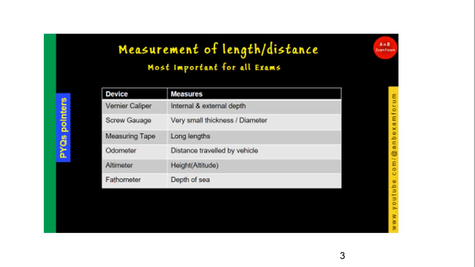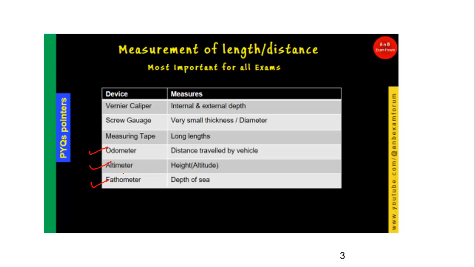In the theory part, we have seen there are many devices which are used to measure length or distance, and these are the few important ones that we have summarized. Fathometer, altimeter and odometer are the important ones. Screw gauge, as you know, is used to measure very small thickness, which we studied in 11th and 12th. Fathometer is used to find the depth of the sea.